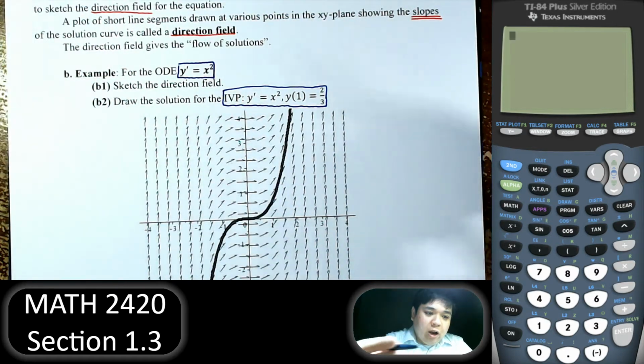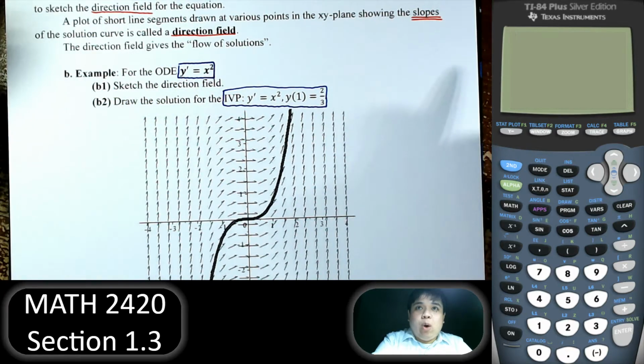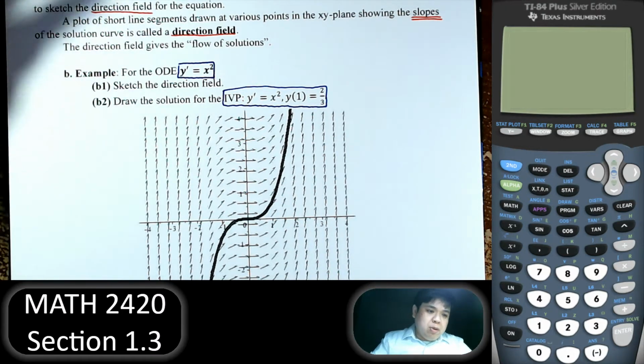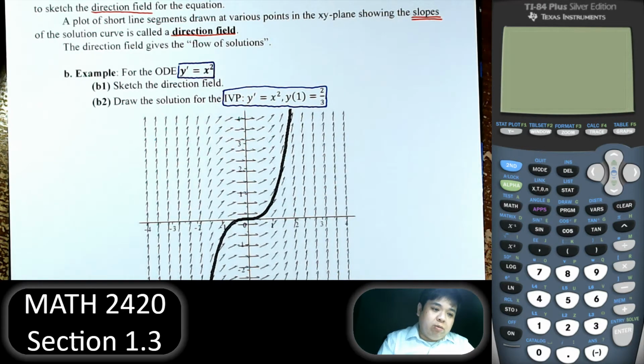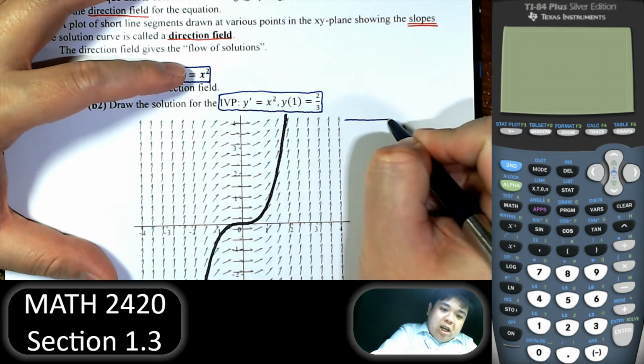So how do we graph them? y prime equal to x squared, meaning y prime is the derivative and the derivative is the slope. So pretty much we will plot the slope for every point. Easier said than done. For example, we just pick a random point. Usually we just make a table.